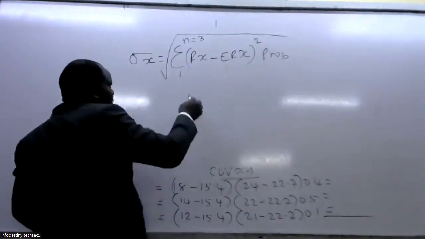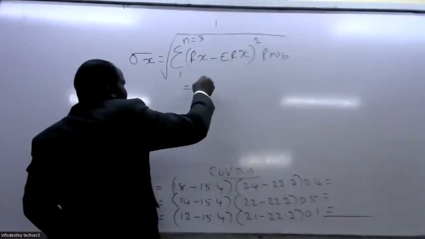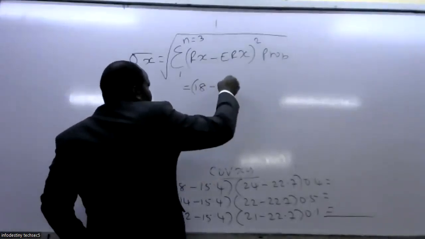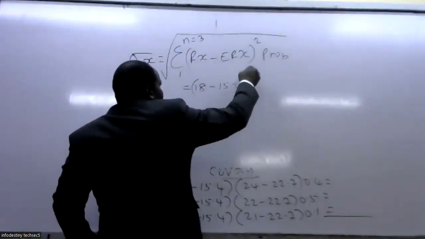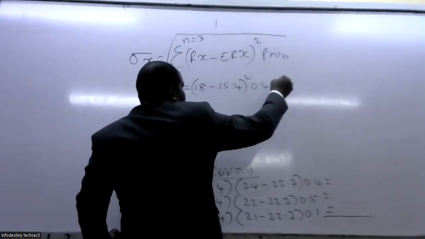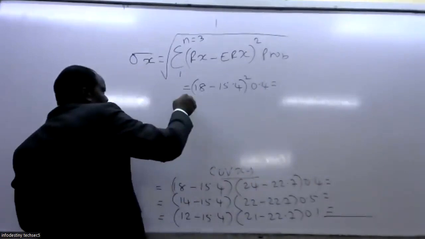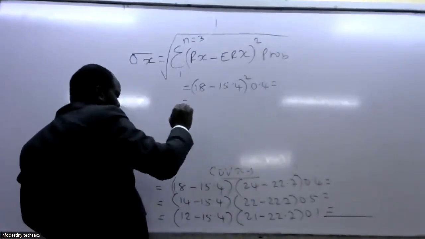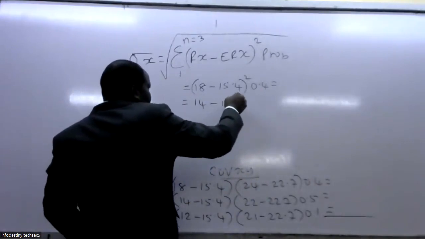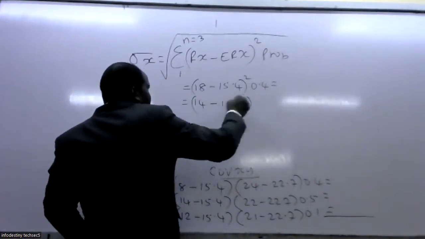So the first return for X is 18. Expected return is 15.4, squared. The probability is 0.4. The second return for X was 14, also minus 15.4, squared.